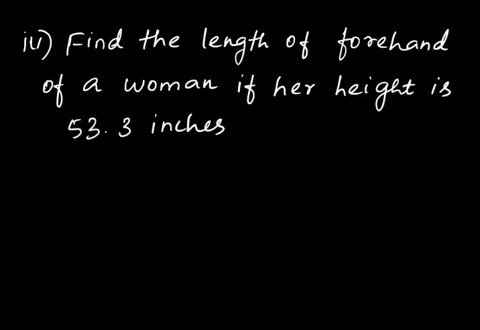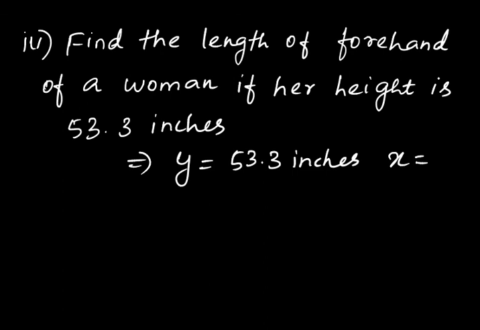Fourth question, find the length of forearm of a woman if her height is 53.3 inches. So here they have given the height value, so y is equal to 53.3 inches. They are asking what is the length of the forearm, so you need to find the value of x.